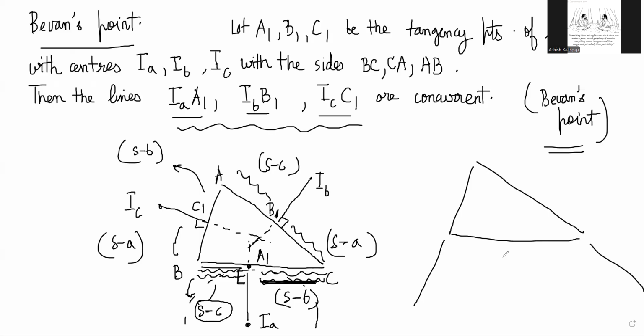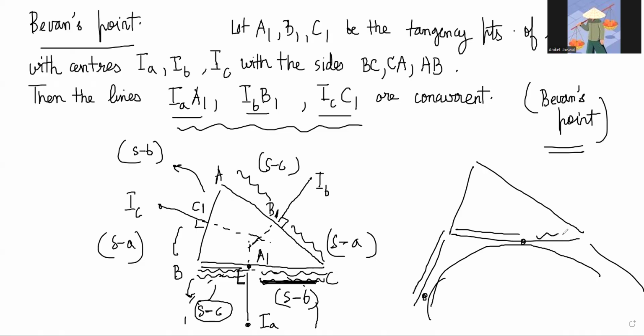When you make an excircle, where does it touch? How far is it from here? You should know that this is equal to this, and this is equal to this. And this whole distance will become S.